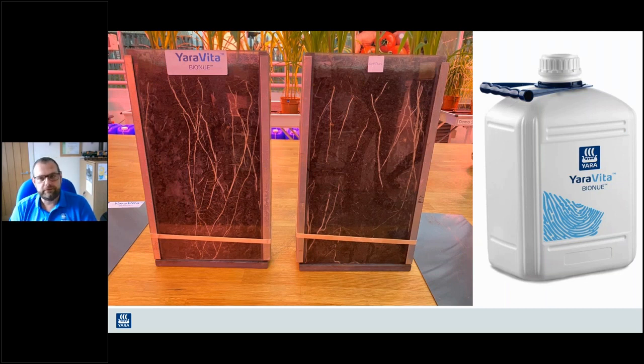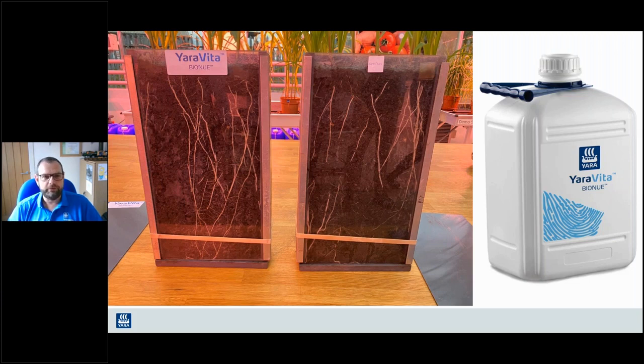And this is a relatively new product for Yara UK, a product called Bionui, which is a mixture of humic and fulvic acids. And when we put early applications of Bionui onto the soil, and you can see here these 2 maize plants are just grown in boxes, we see on the left in this example an increased root system, and then we also see earlier increased vigor, and that's an application applied to the soil, so around the rhizosphere.